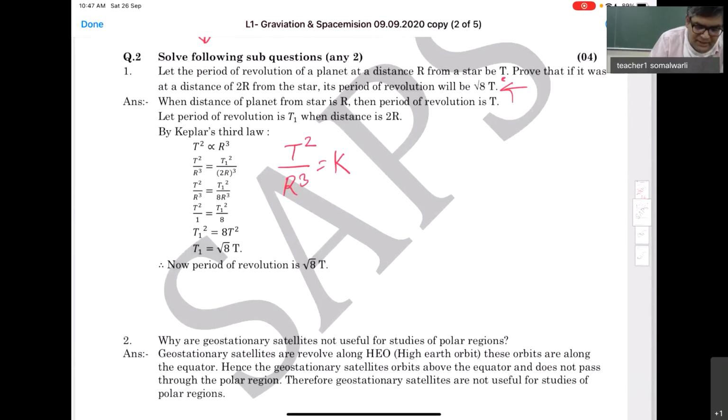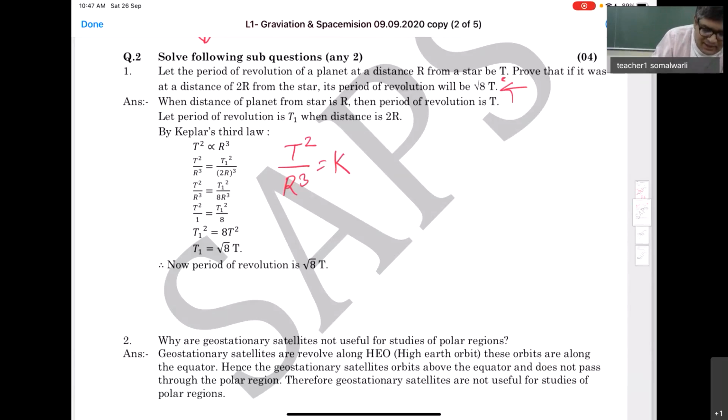So it has become twice its original. And if the radius of the orbit is going to change to 2r, then quite obviously its period of revolution will also change accordingly. Because anyhow, the ratio of square of period of revolution to cube of mean distance of the planet, or radius of the planet, should remain constant.